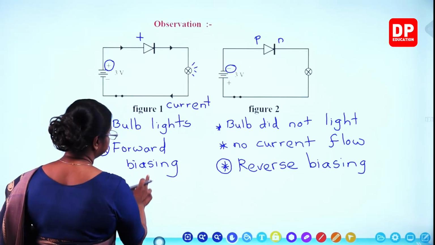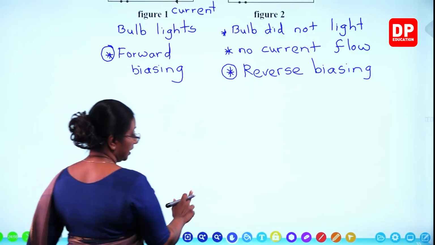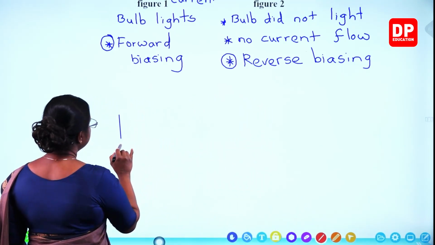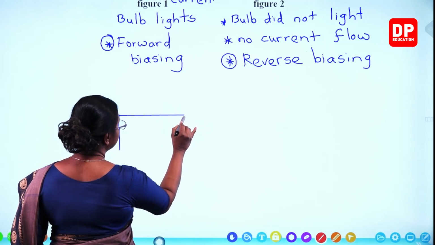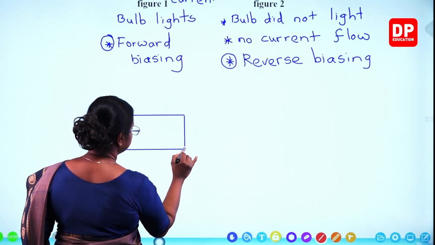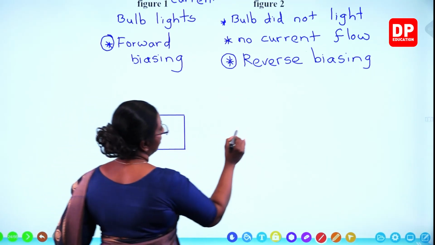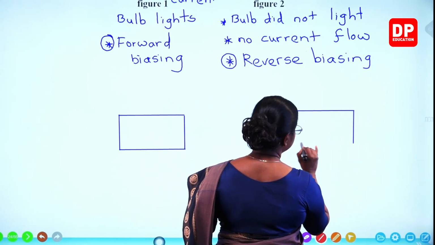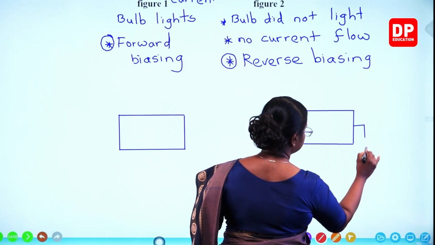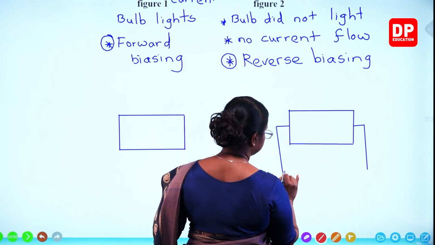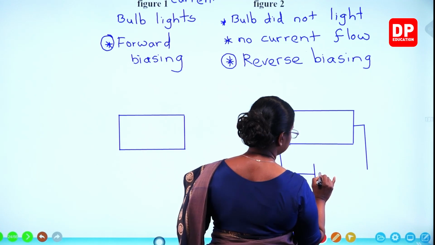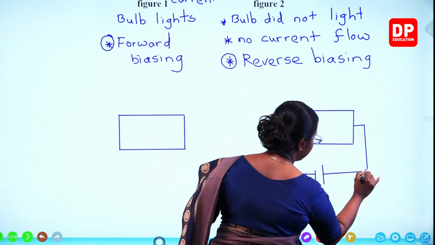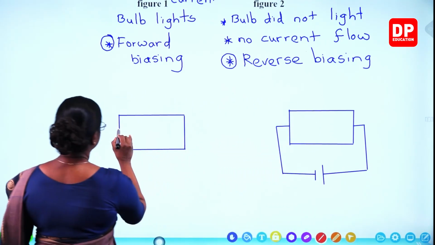So here, if we take this PN junction, I will draw the diagram and then I will explain it to you all.